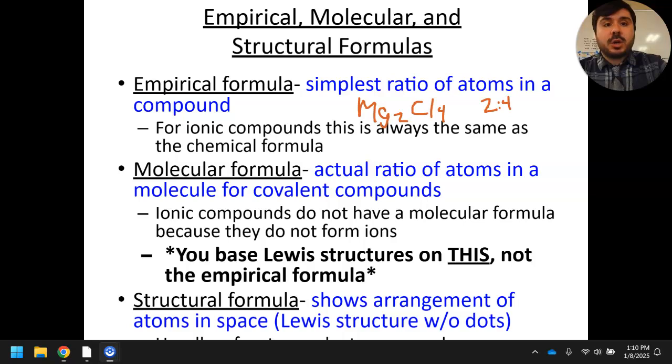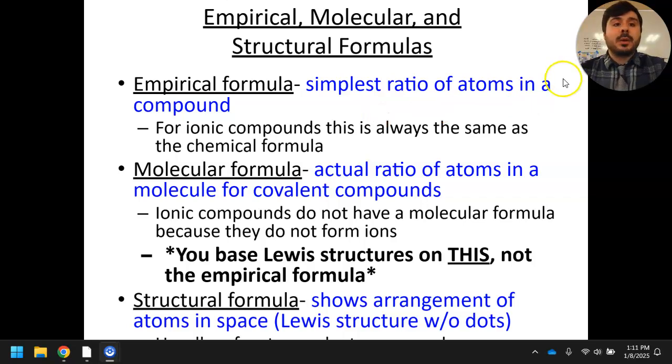So a ratio of 2 to 4 we can simplify to a ratio of 1 to 2. That's why our formula is MgCl2 and not Mg2Cl4. We get rid of that 2, and that 4 turns into a 2, MgCl2, because our ratio is reduced down.